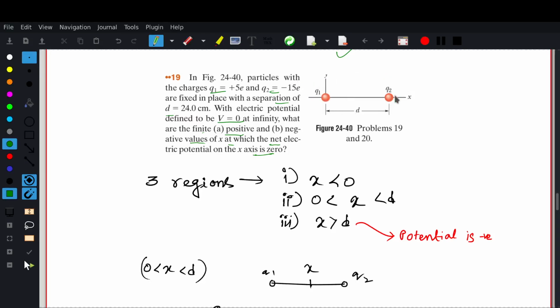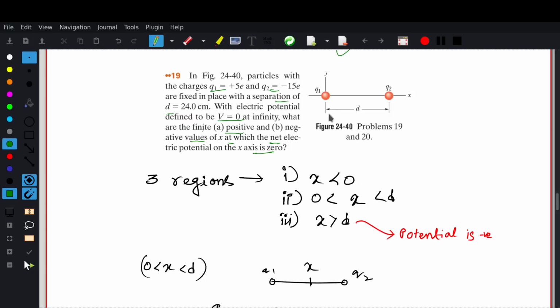Okay, so first of all, let's analyze where it can be. There are basically 3 regions. One is the negative half, x less than 0. One is the in-between region between 0 and d, and one is the region beyond this d. Because this q2 is negative, when we go away from this point, we will mostly see the potential of this q2 charge, because it is the closest to this point.